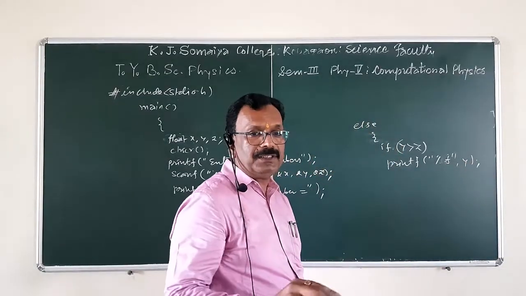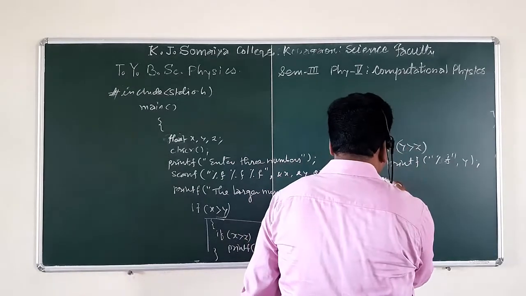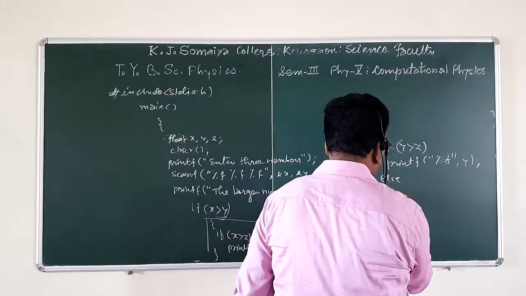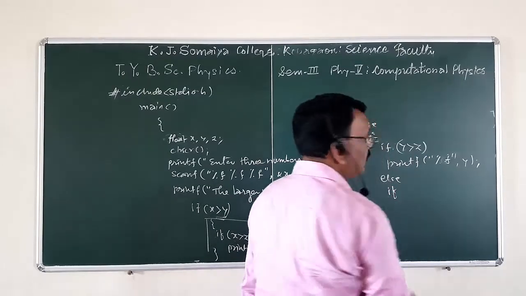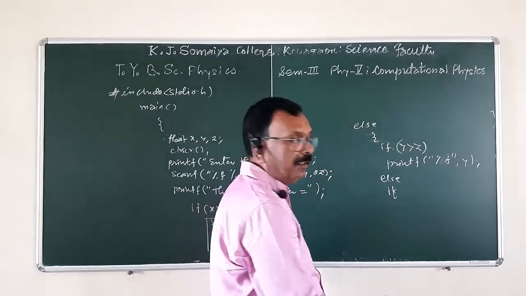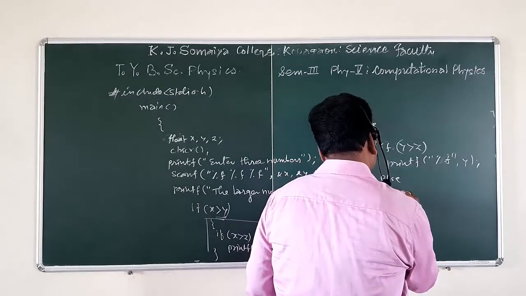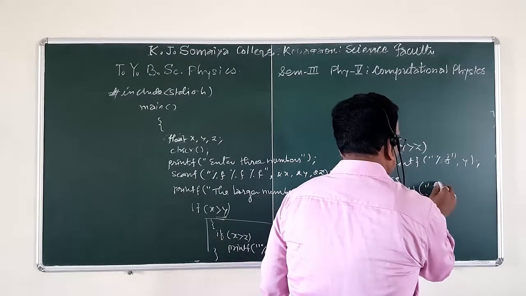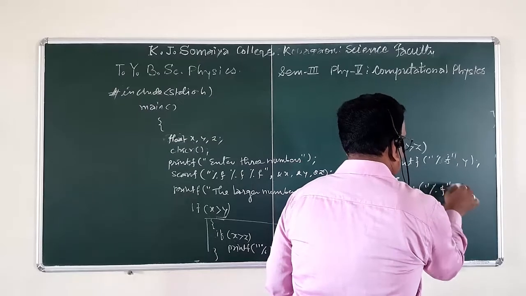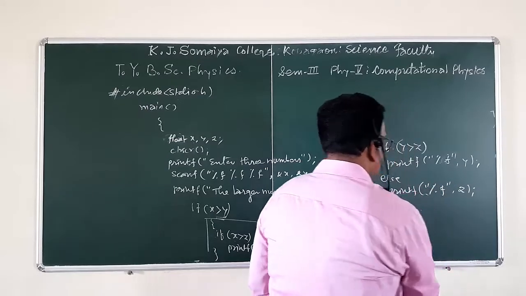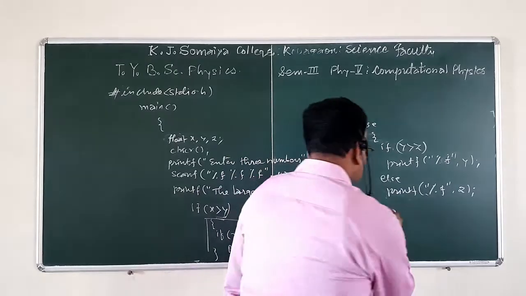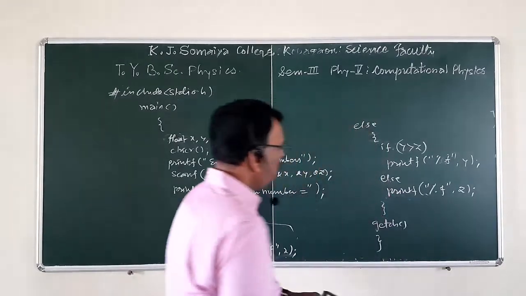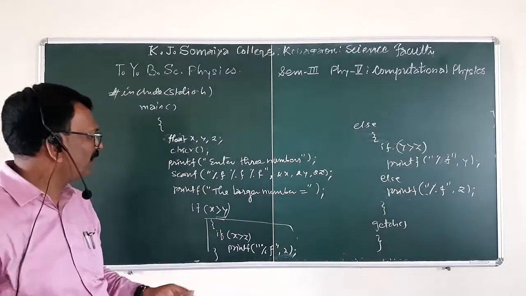And if the condition is false, then else, this is the else of the inner statement. Again check the condition, print, and getch. Okay, this is a very simple program.